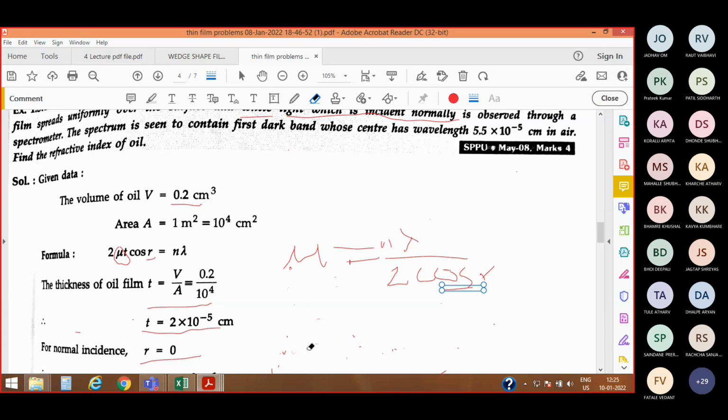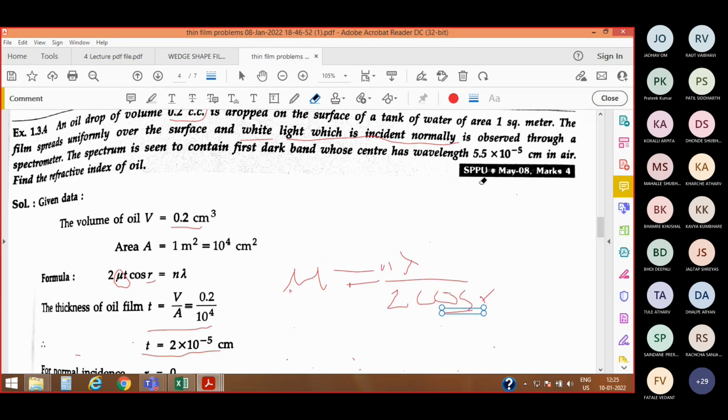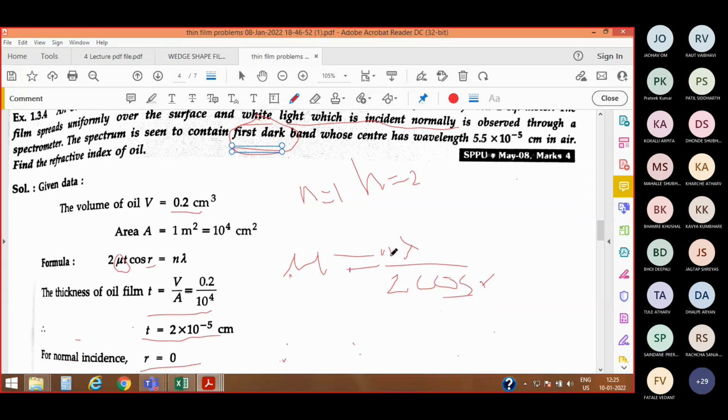What is the value of n? n is equal to 1. नहीं, n is equal to... white light is normally observed through the first dark band, यानी यहाँ पे फर्स्ट डार्क बोला है, यानी n की वैल्यू 1 है, dark band is equal to 2. So μ equals to 2.75 into 10 raised to minus 5 divided by 2 into cos of r.